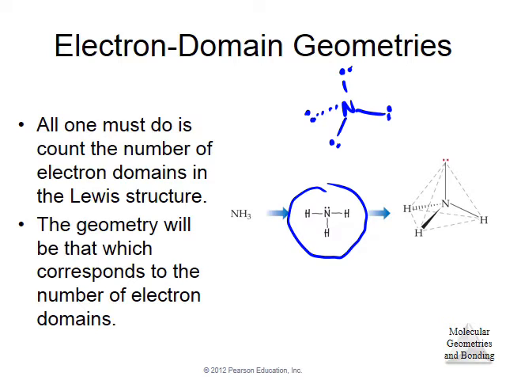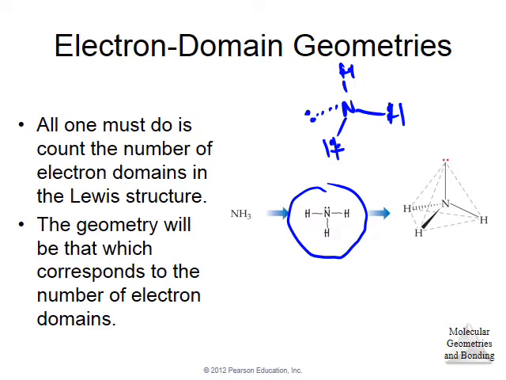They're all identical. Without a model, it's often hard to understand that they're identical. So let's stick in 1 hydrogen here, another hydrogen here, another hydrogen here. So that's how we get NH3 with 1 pair of electrons sitting on nitrogen.